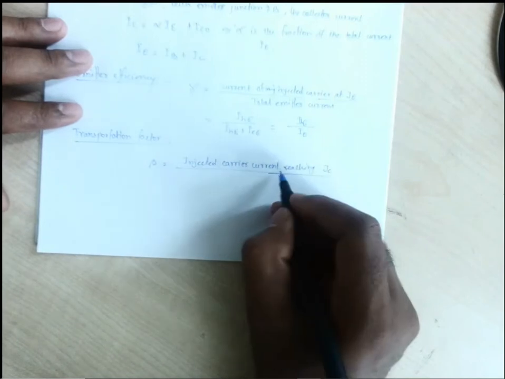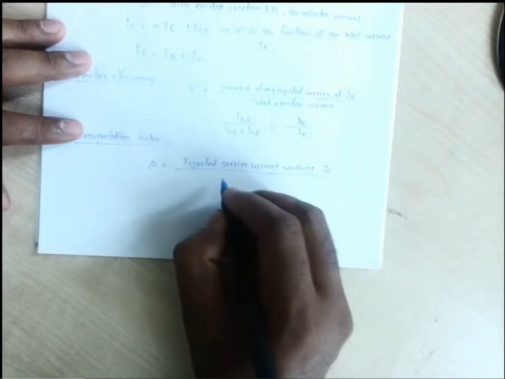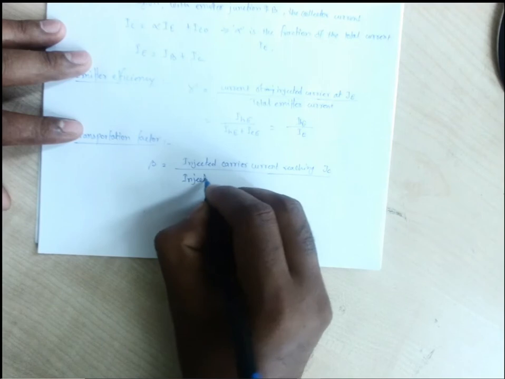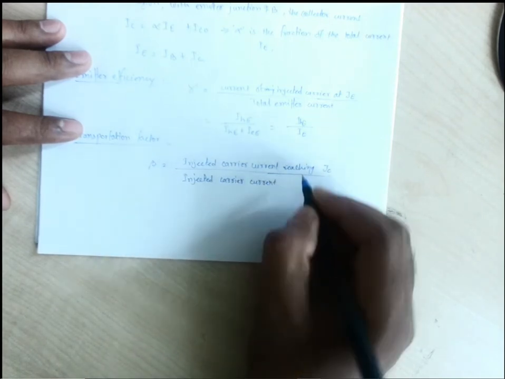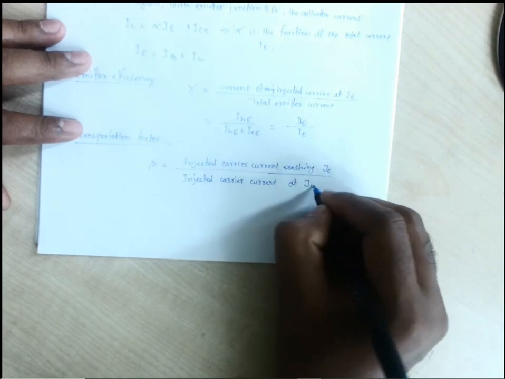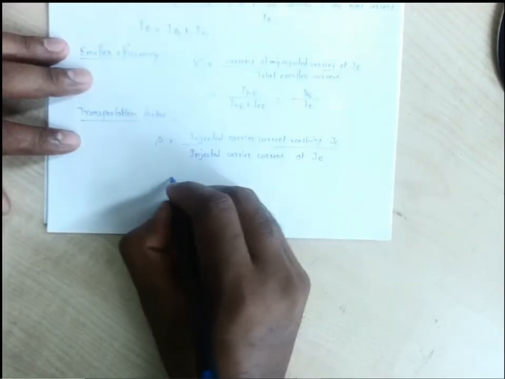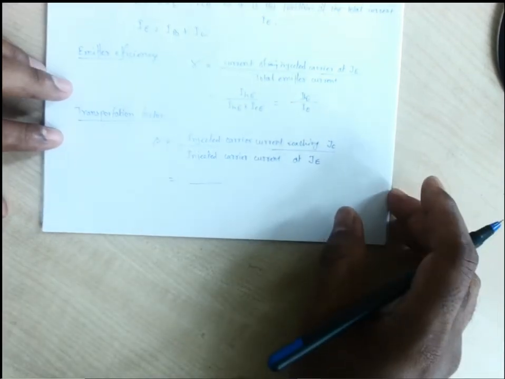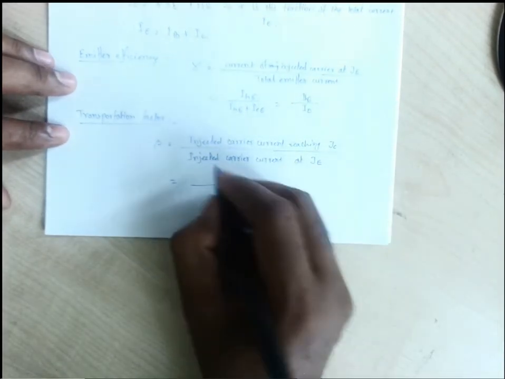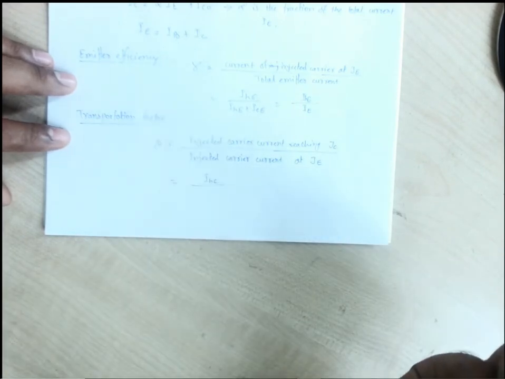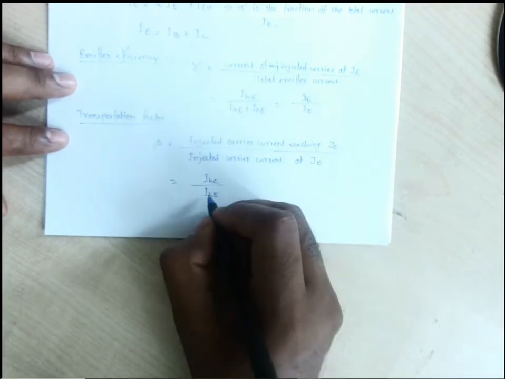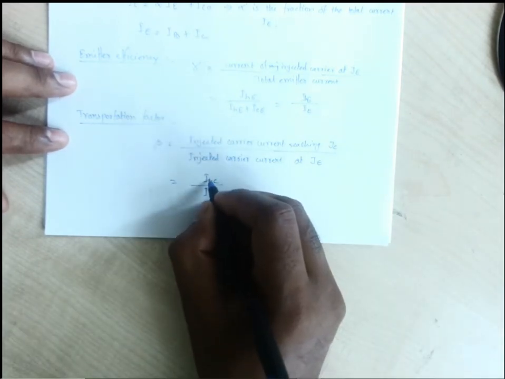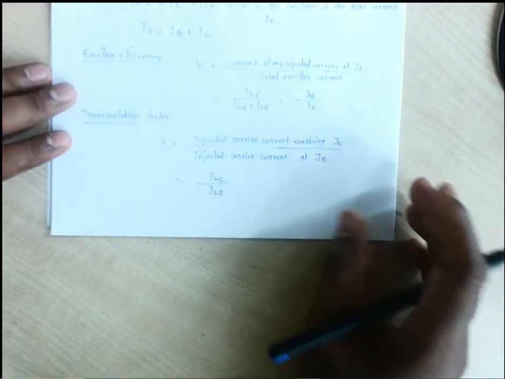So the carrier current reaching the JC junction, the collector base junction, is IHC, out of the injected IHE. So out of IHE only this amount can reach the collector region. That is what the transportation factor is.